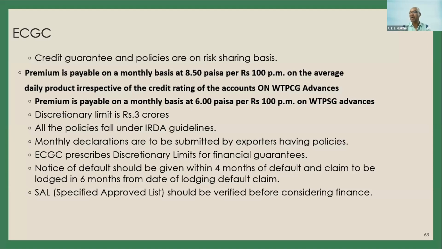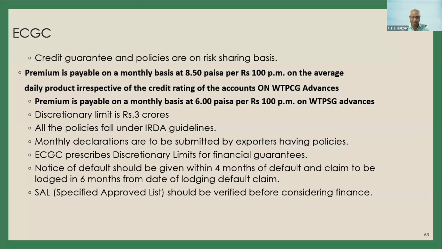Okay. One more important slide. Whenever there is a default, we need to inform the ECGC within 4 months from the date of default. Default is different, NPA is different. Default means overdue position. NPA means 90 days after overdue position. The moment it becomes a default account, within 4 months, we should inform the ECGC.